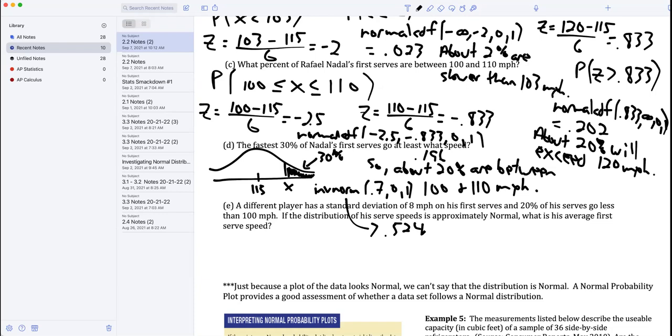So I need to set up an equation here. I've got my z-score, 0.524 equals x minus 115 over 6. So put in mu and sigma, and then solve this algebraically for x. I'm going to multiply by 6 on both sides and then add 115.